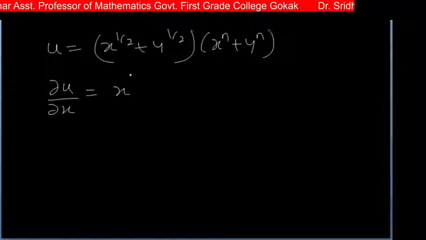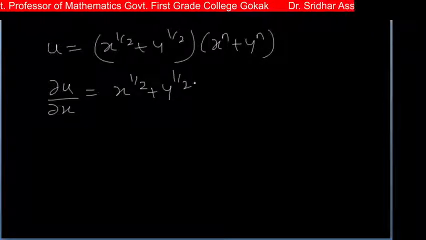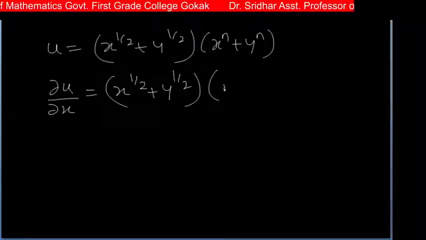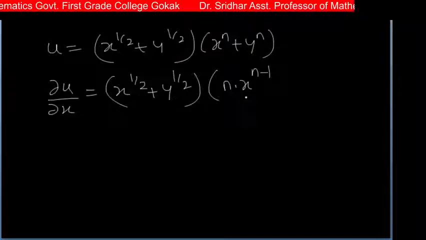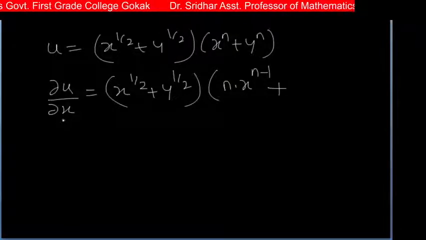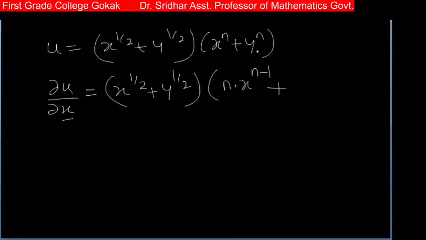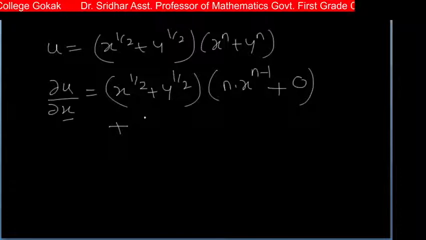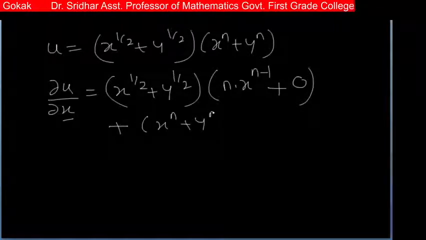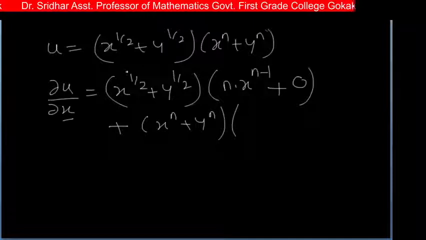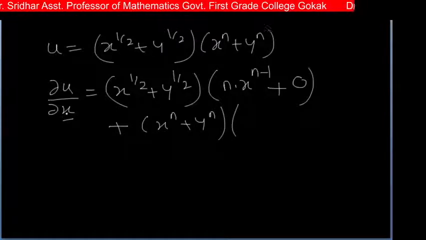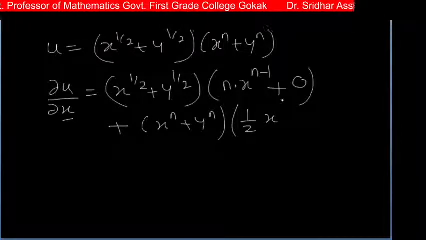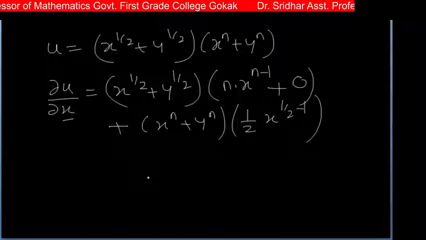First function as it is, differentiate the second function: differentiation of x raised to n is n into x raised to n minus 1, plus, y is constant, so its differentiation is 0. Then plus second function as it is, x raised to n plus y raised to n, and differentiation of the first function, y is constant, so it is 1 by 2 x raised to 1 by 2 minus 1.